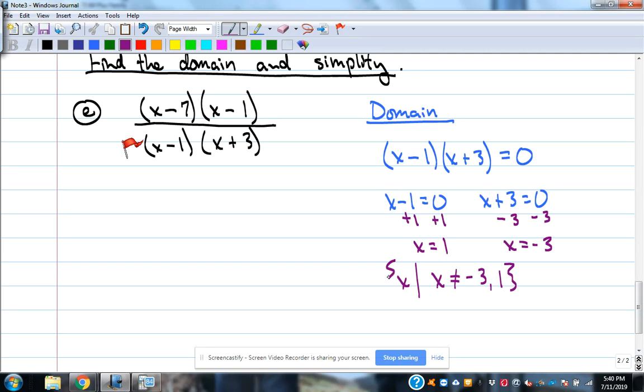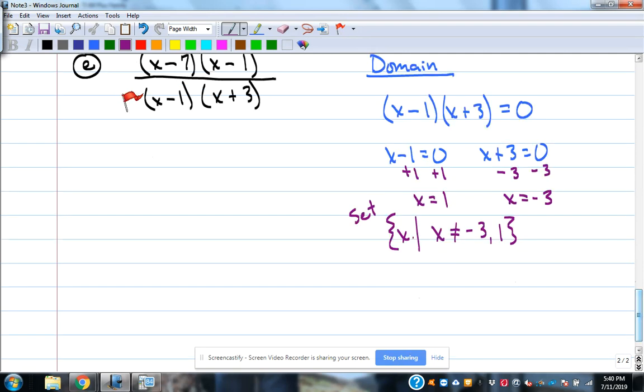That's the set notation for it. Okay, so there's the set notation for the domain. The interval notation for that is parenthesis negative infinity to negative 3 parenthesis, U for union.